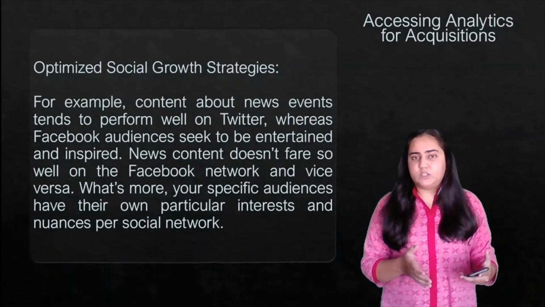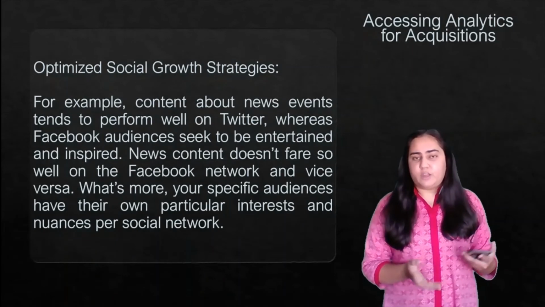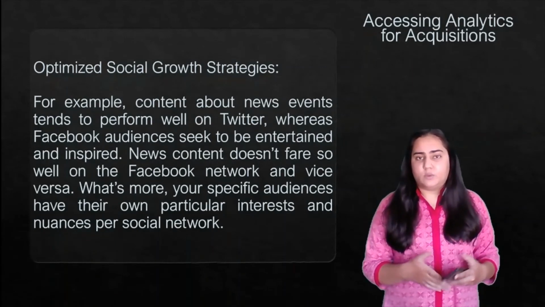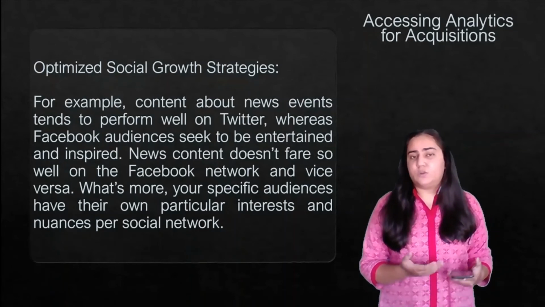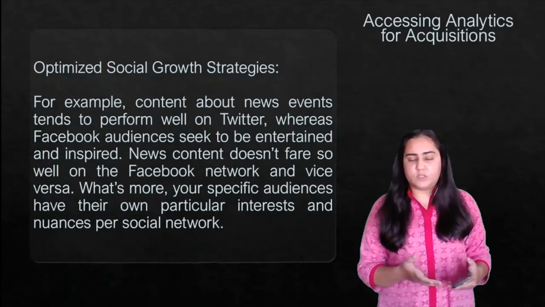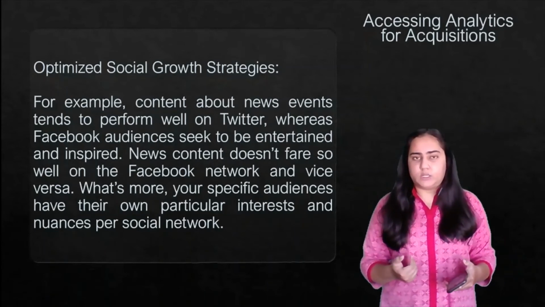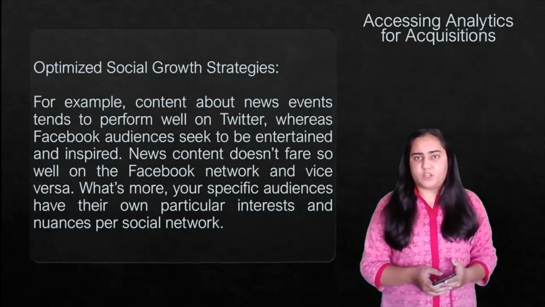So news content will not fare so well on the Facebook network, but it will fare well on Twitter and vice versa. And what's more, your specific audiences have their own particular interests and nuances per social network. So it's not just about how they are associated with your e-commerce website, but also how they are associated with other channels that your website provides.